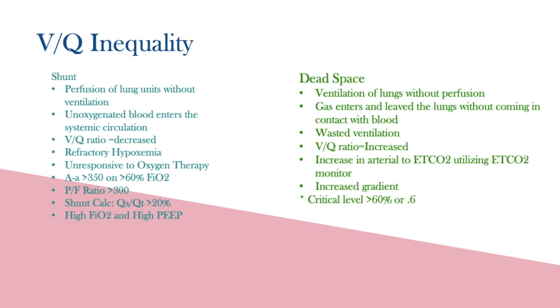The way to detect a dead space problem is an increase in the arterial to end-tidal CO2 gradient when utilizing an end-tidal CO2 monitor. Arterial CO2 goes up and end-tidal goes down, creating a bigger gradient and indicating a developing dead space problem. Critical level is greater than 60% or 0.6.